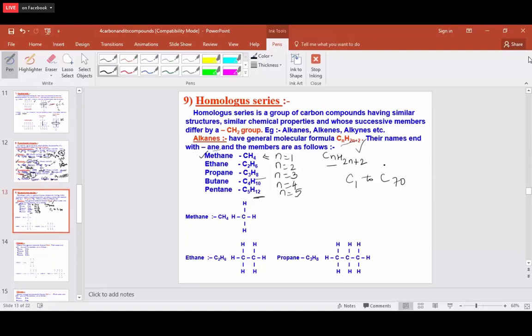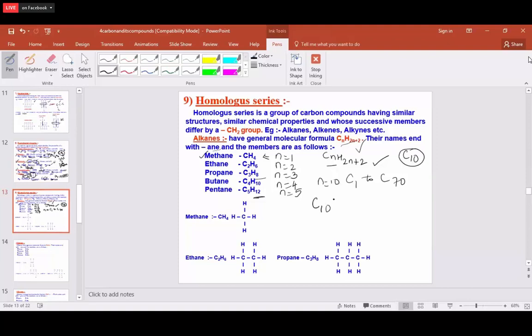So if we know this formula, we can write any hydrocarbon formula. For example, suppose I would like to write for C10, which is an alkane. I would like to write the molecular formula for this. So n equal to 10. I'm going to substitute in this formula.